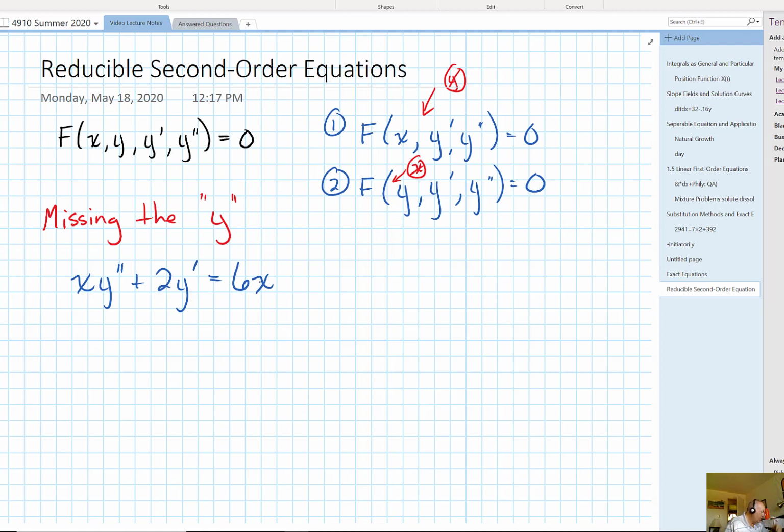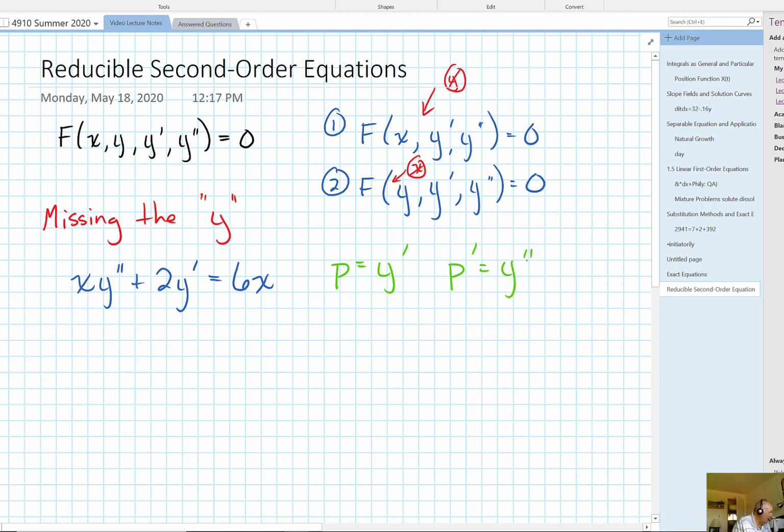So to reduce these to a first order equation, we make a fairly simple and straightforward substitution. We let p equal y prime. Not y double prime, just y prime. And that of course means p prime is equal to y double prime.